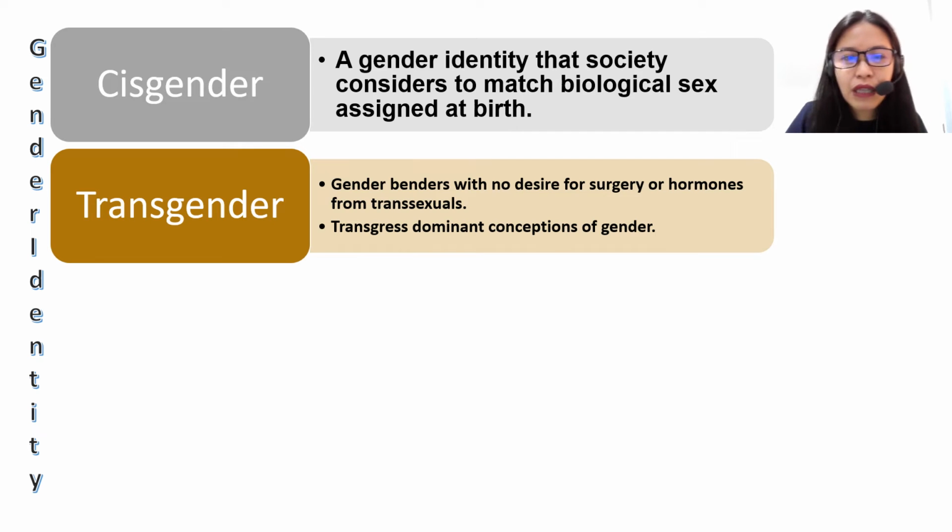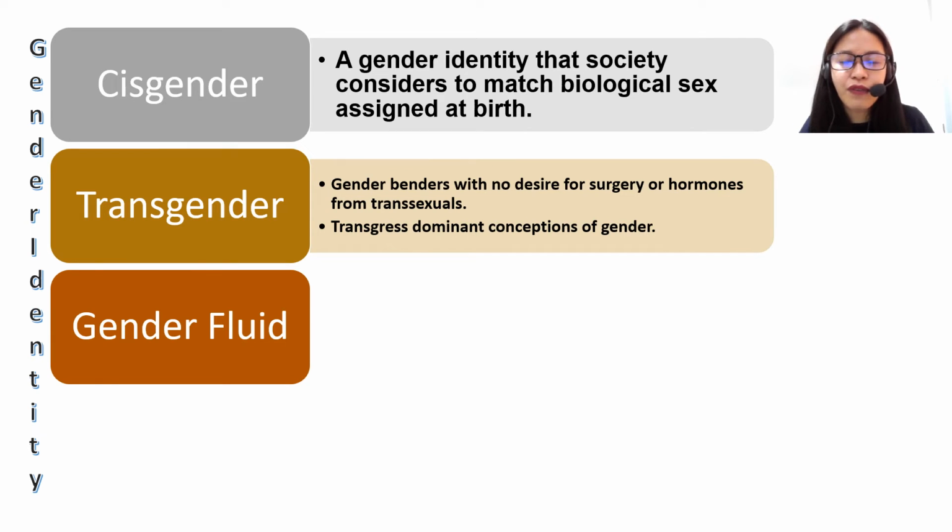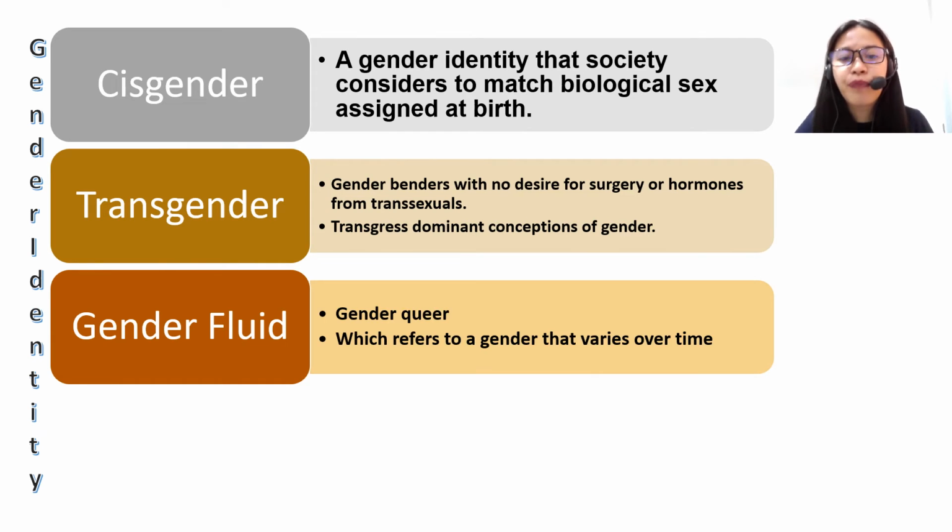So, tinatawag natin silang transgender. Meron akong mamayang ipapakitang examples. Okay? Aside from transgender, we also have what we call gender fluid. And gender fluid are what we call gender queer. And remember, queer is a derogatory term. However, scientifically, they are called gender queer because their gender varies over time.